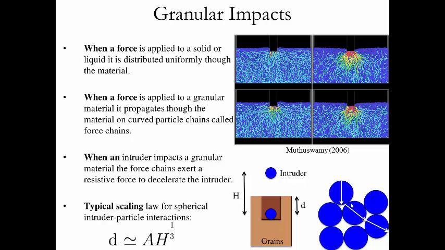A is just some constant, but D is the depth beneath the grains that the intruder goes, and H is that depth plus the height above the grains that the intruder is dropped. So it's the total drop height. And you can see that in the picture to the side.